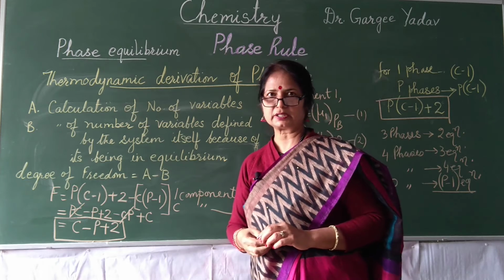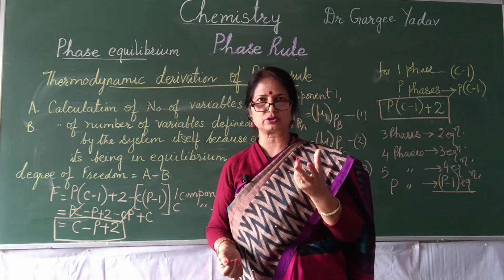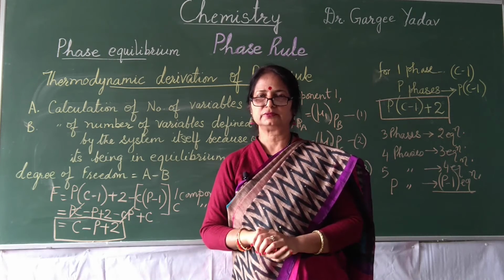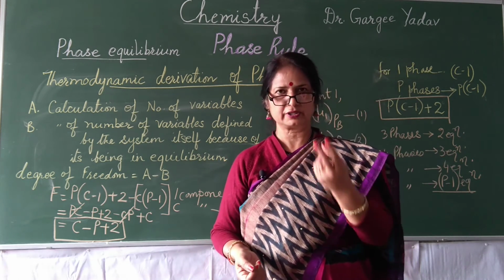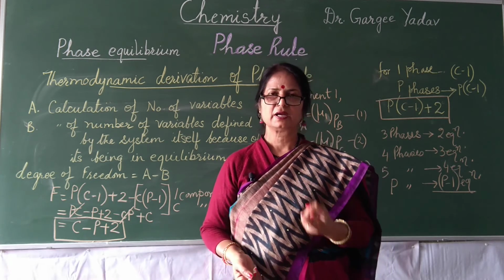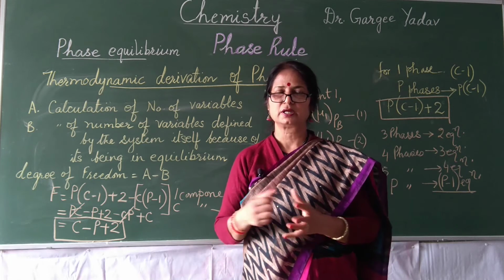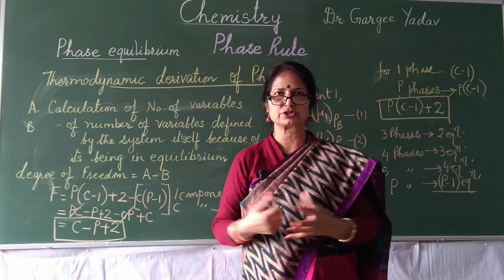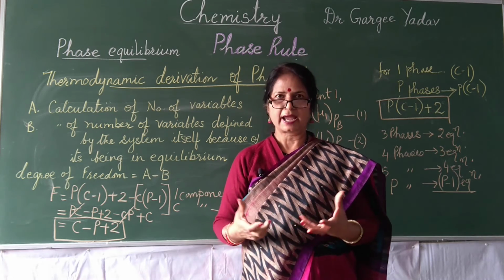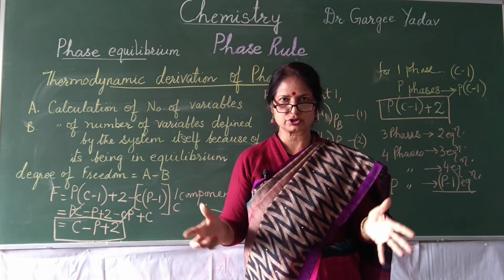Now suppose there are two phases, and we have two components in one phase. Then we can get the concentration of the other component by subtracting from 100. So this means we need C minus 1 concentration terms in order to get the composition of the whole system.